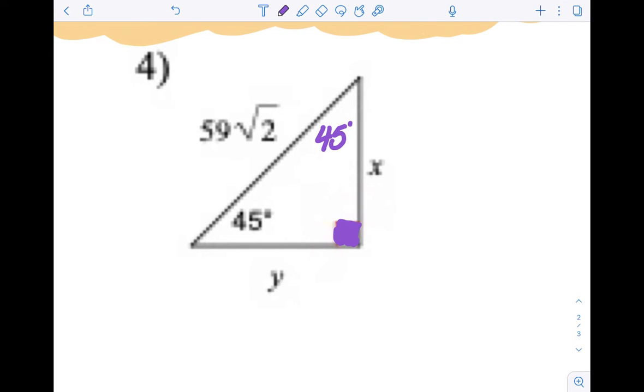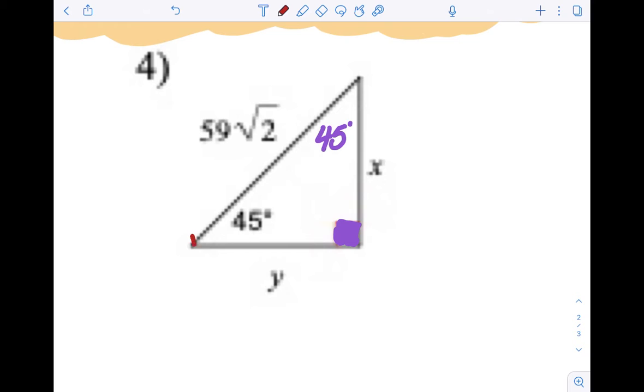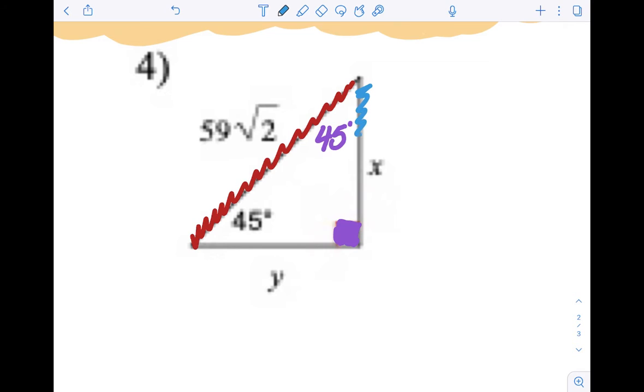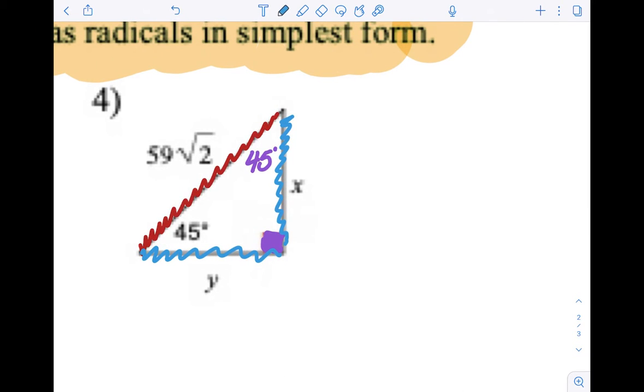So we remembered that my hypotenuse, my longest side, across from the 90, is in red, and my legs are in blue, and both blue because they are equal. So I can say here x equals y, but that doesn't help me. So what I'm going to do is red to red first.